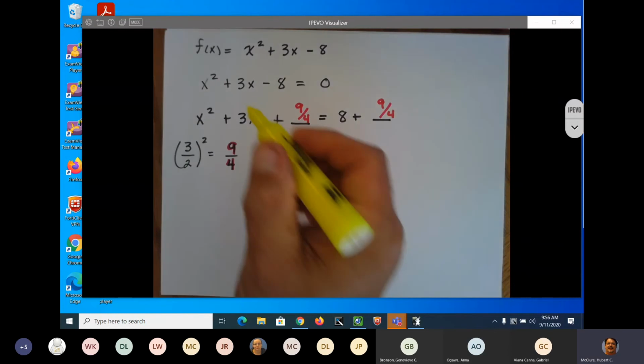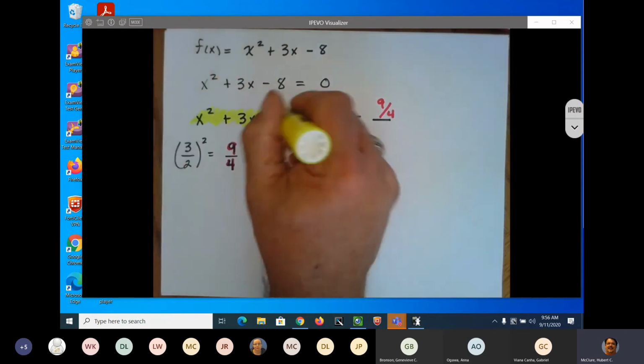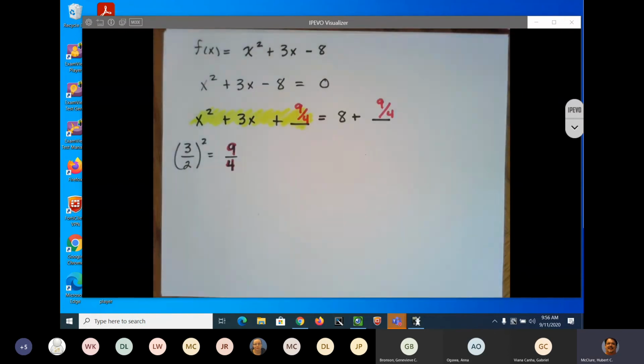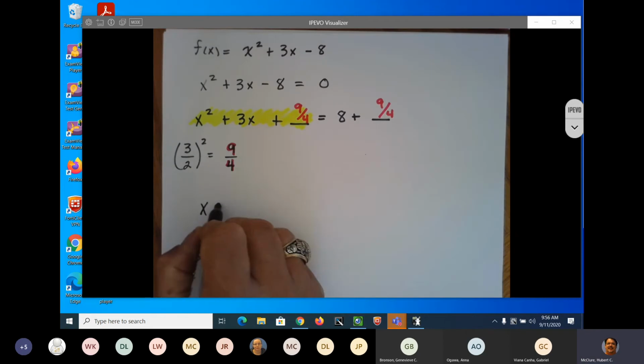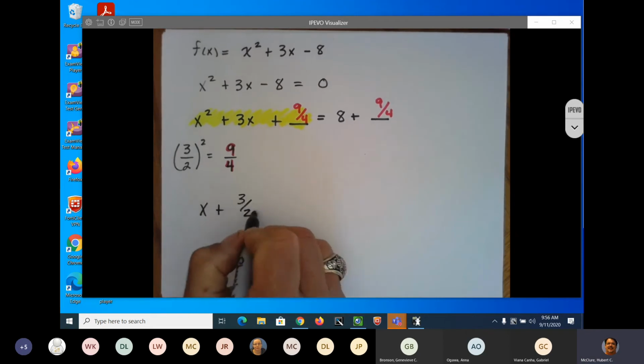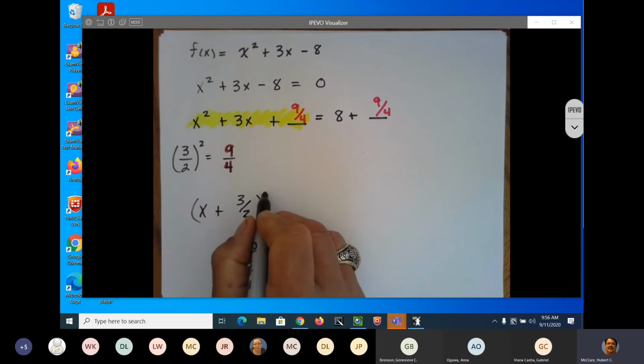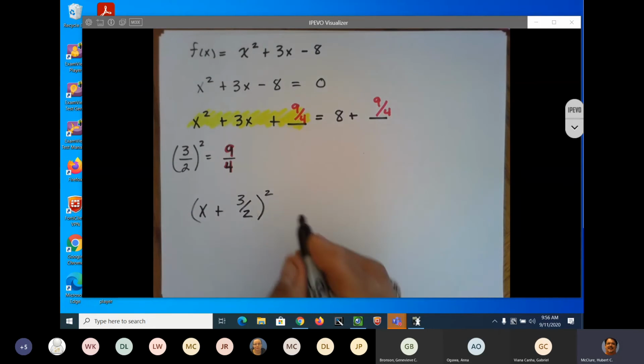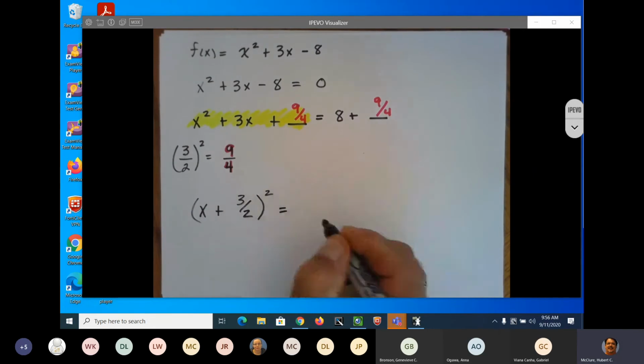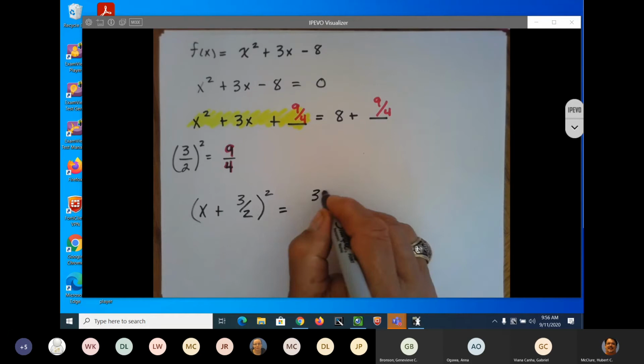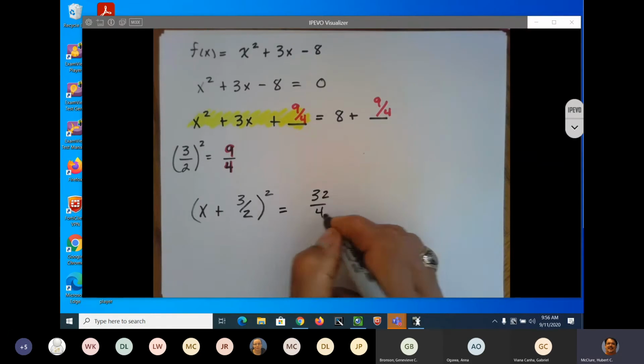So this is shortcut. Let me use my yellow highlighter again. This is shortcut number 1. And that's going to give me x plus 3/2 quantity squared is equal to 32/4 plus 9/4.